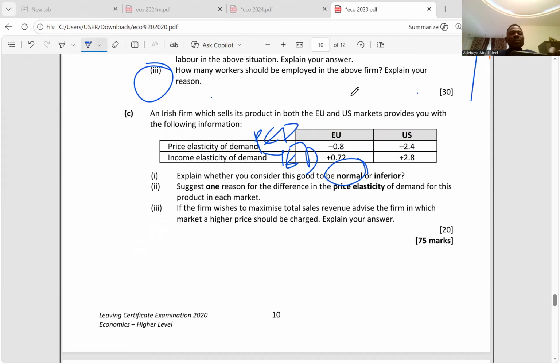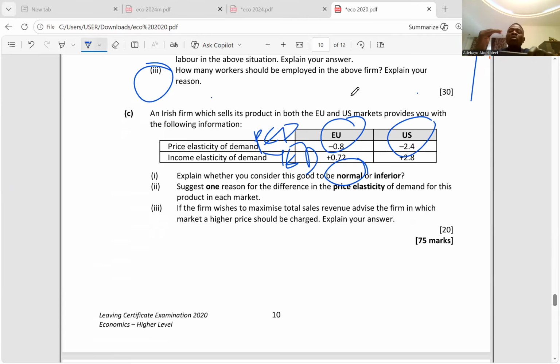Now they said, suggest one reason for the difference in the price elasticity of demand for this product in each market. In the EU, the demand for the product is inelastic, but in the US, the demand is elastic. Which simply means a rise in price in the EU would not change the quantity demanded, but a rise in price in the US would reduce the quantity demanded.